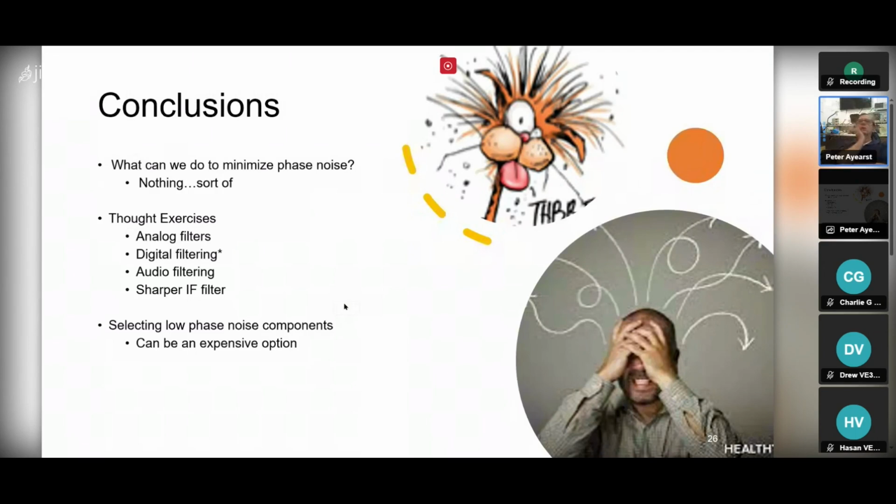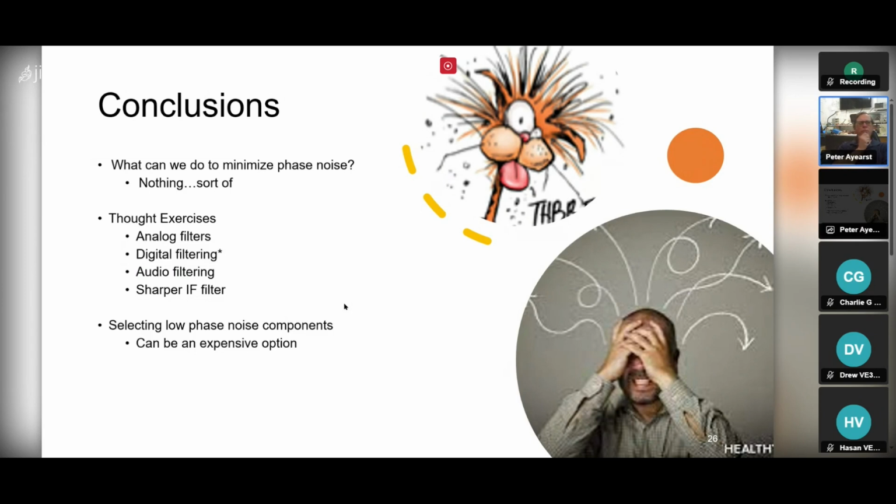So in conclusion, what can we do to minimize the phase noise? Well, really nothing. When I originally started to put this together, I was thinking, what about analog filters and audio filtering? Can we do something there? Sharper IF, all this kind of stuff. You always come back to thinking, no, really there isn't. I put an asterisk beside the digital filtering because they do some pretty interesting things with algorithms.